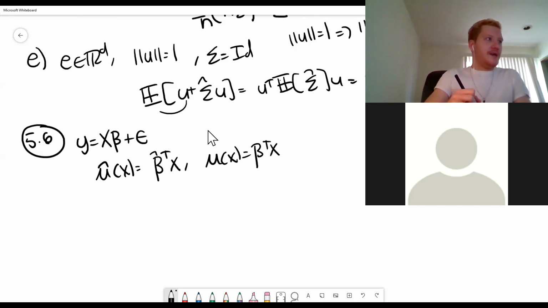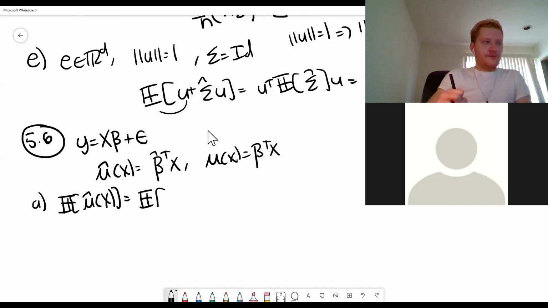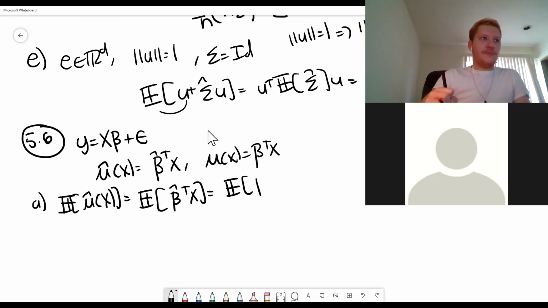Part A is really using a very basic fact. They're asking for the expected value of mu hat of x, which is equal to the expected value of beta hat transpose x. Here x is a constant, as x is always regarded as a constant. So this is the expected value of beta hat transpose times x.